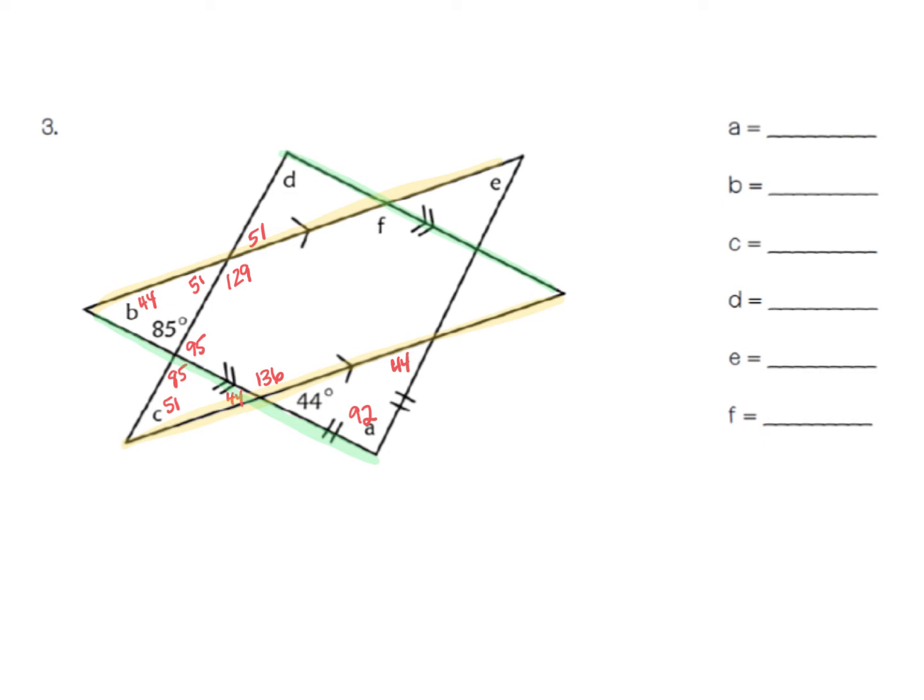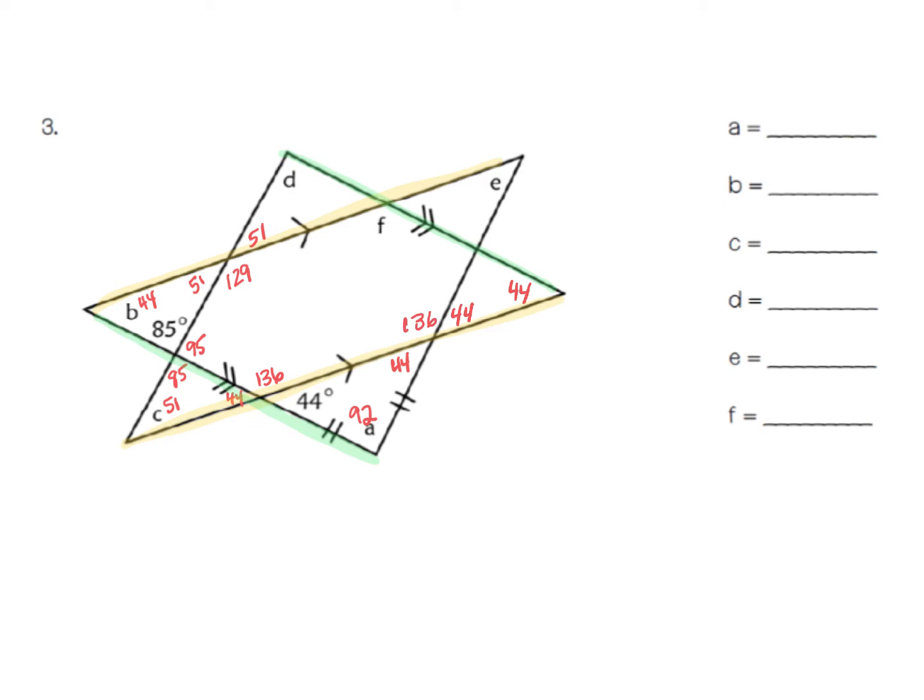So if I look at the green ones here, this 44 right here is going to be an alternate interior angle with this one right here. So I know this one also has to be 44. I have vertical angles here I have not filled in. I also have linear pairs that I didn't fill in yet.